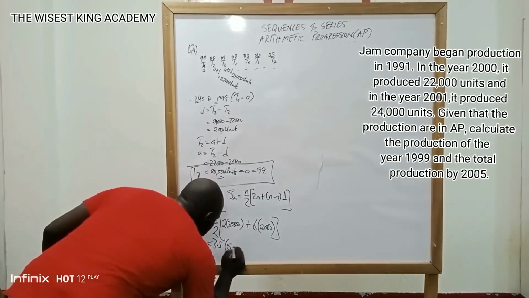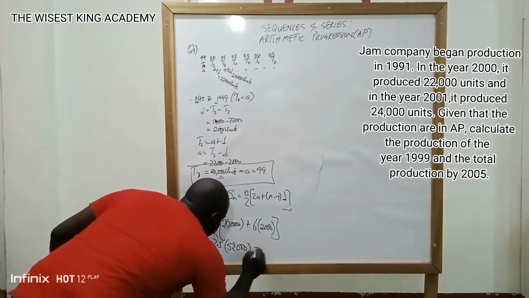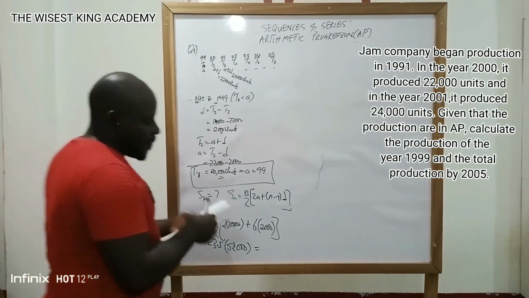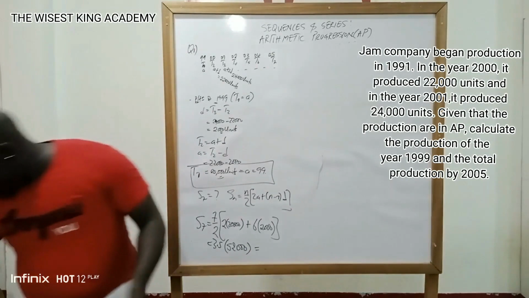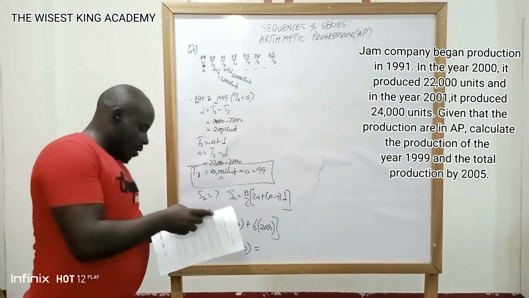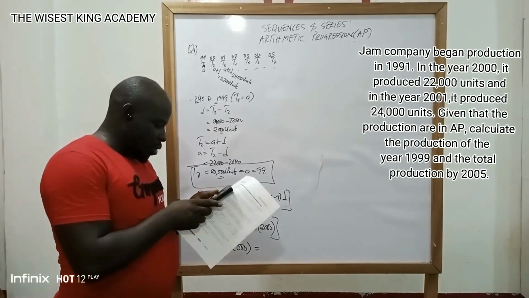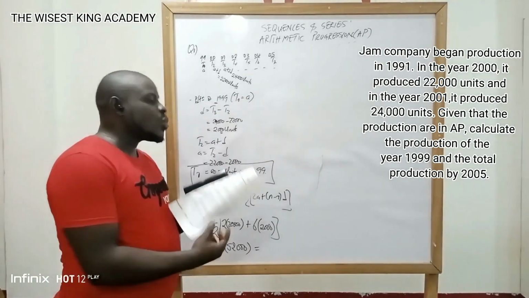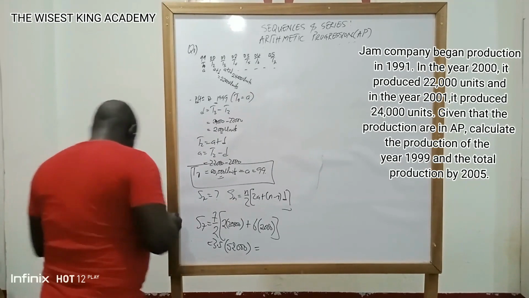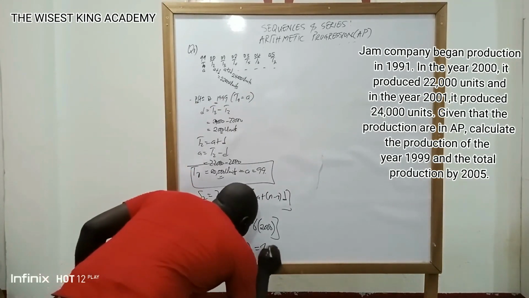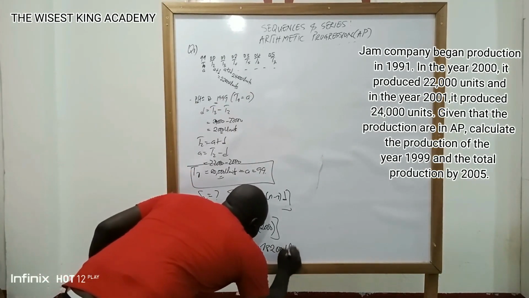So the total production by 2005, we are going to take 3.5 times 52,000. That's 182,000 units.